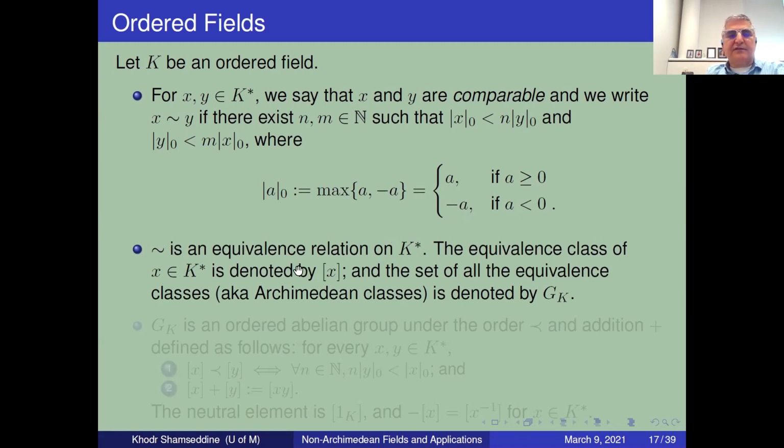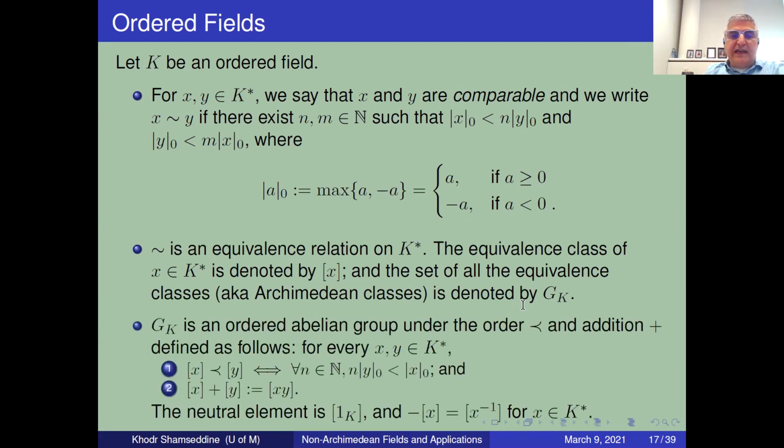The equivalence class of x will be denoted with square brackets, and the set of all equivalence classes, also known as Archimedean classes, is denoted by G_K. G_K is an ordered abelian group under the following order relation and addition. We say that the class of x is smaller than the class of y if and only if n|y| is less than |x| for all n.